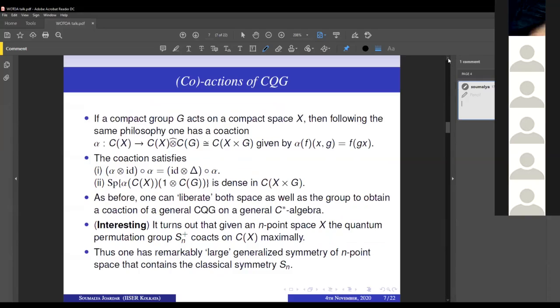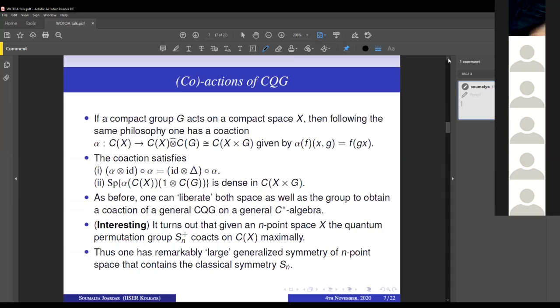Okay, so now we have our analog of the compact Hausdorff space, that is a graph C*-algebra for this talk, and we know what is the analog of the group symmetry. It is the compact quantum group. So we have introduced the compact quantum groups.